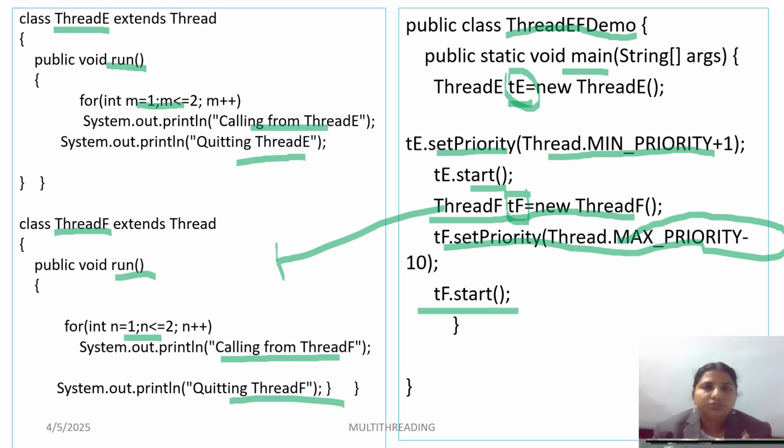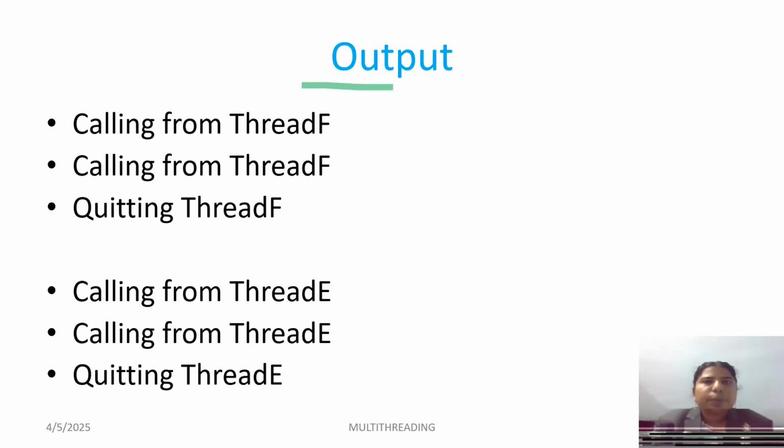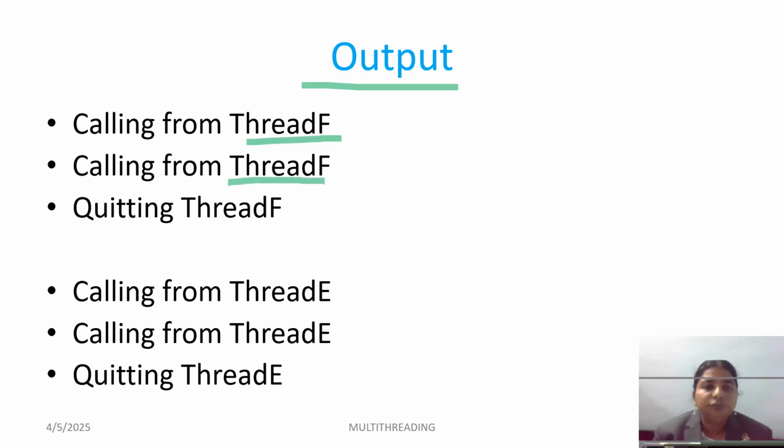Even though thread E is executing, because it has a lower priority value, thread F, even though it starts late, because it was assigned MAX_PRIORITY, suspends the working of thread E and overrides it. So here is the output of the program. We can see the working of thread F, the second thread.